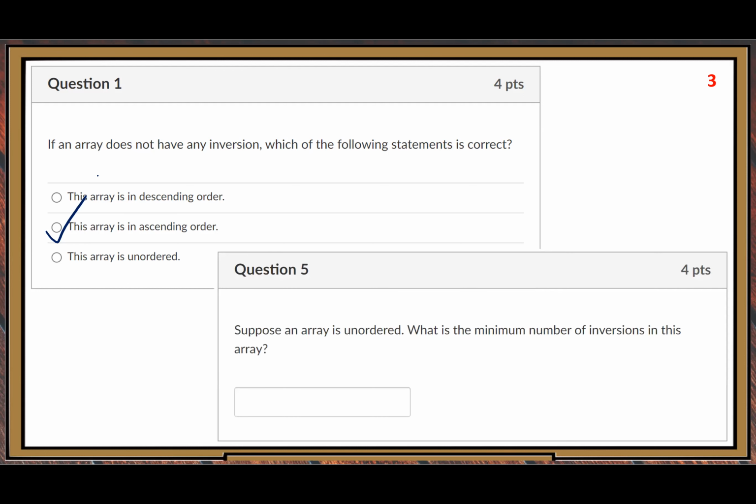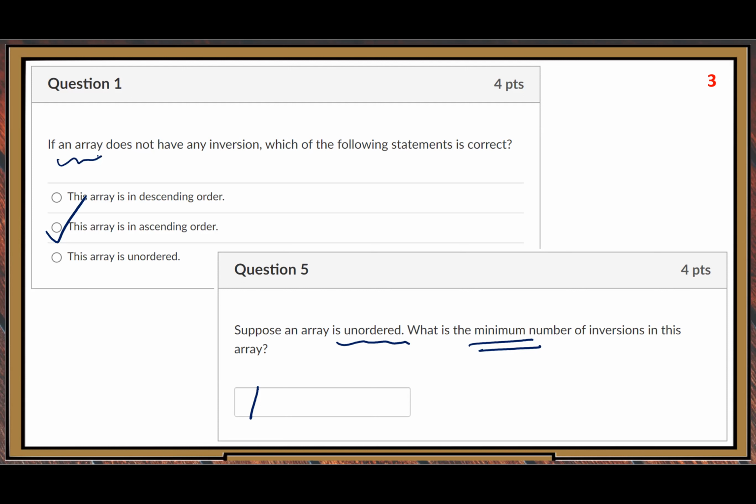So I also put another related question here, unordered, the minimum number of inversions, the answer is 1. In the first question, I do not say ordered or not, so an array could be ordered, could be unordered.